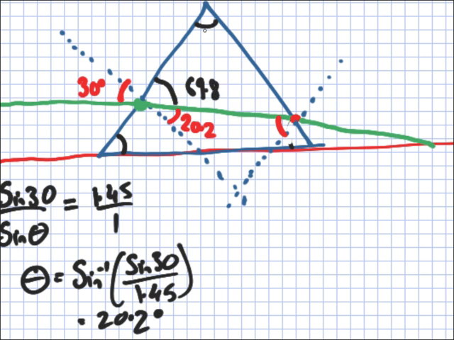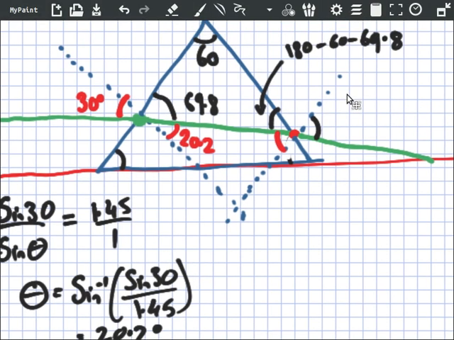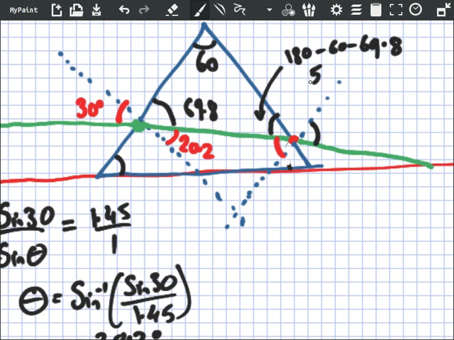Now, we know that this one up here is 60. So we know that this one here is 180 minus 60 minus 69.8. So that's 50.2.